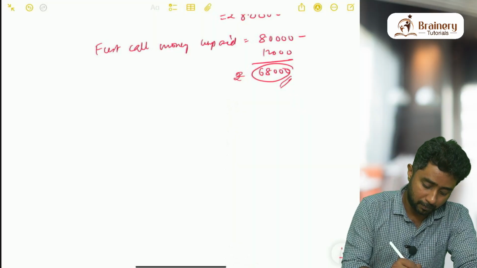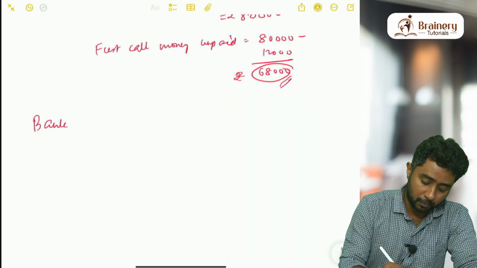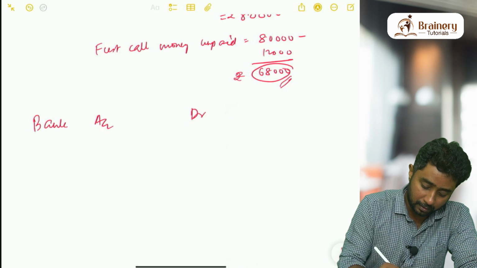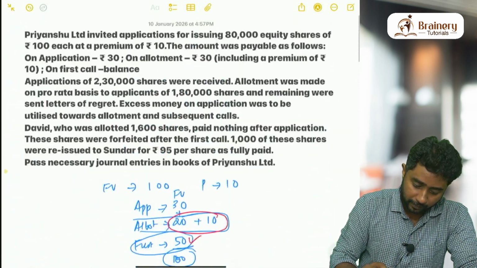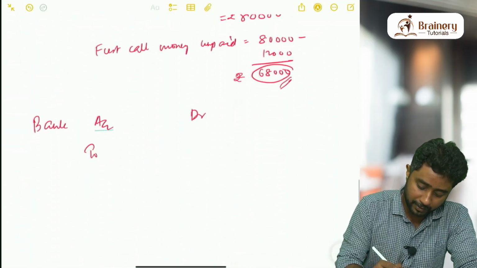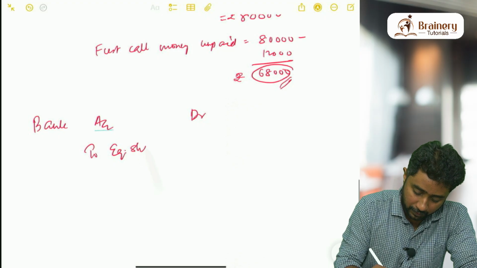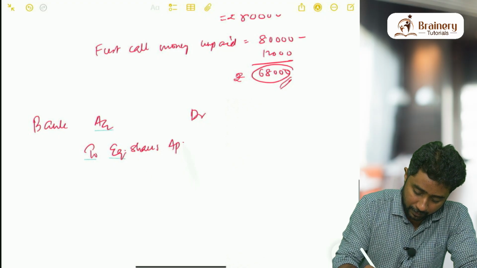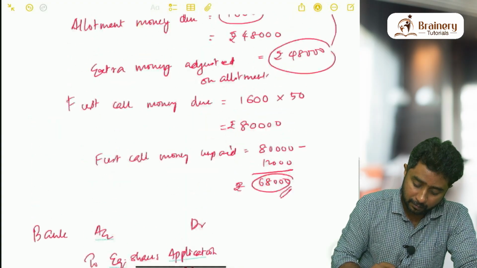So first we will pass the entries till forfeiture and reissue. First entry is bank account debit to equity share application account. If the type of shares is mentioned there, you have to mention the type of shares in the entry also. How much are we receiving?